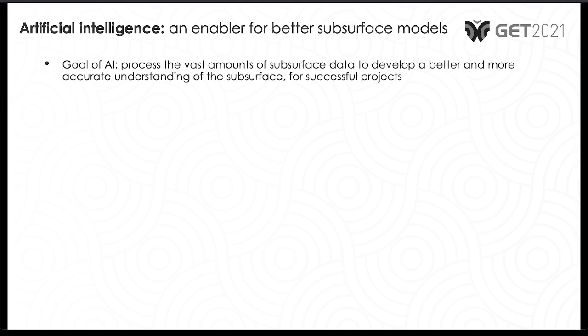So for any project dealing with the subsurface, the key to success is understanding the geology. And with the wealth of data available, the AI can be seen as an enabler to build better and more accurate models.